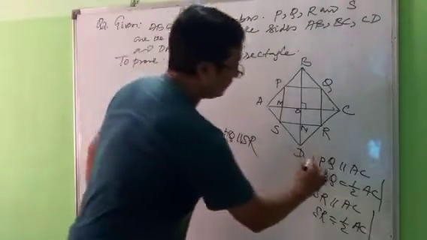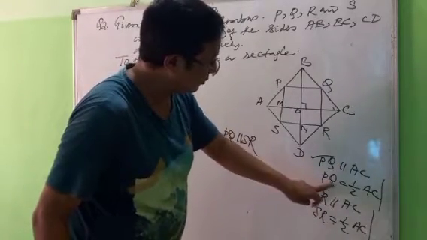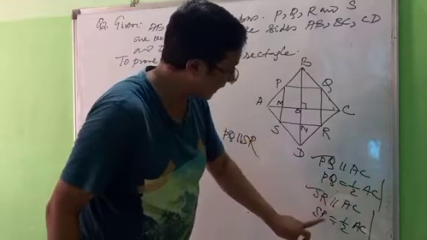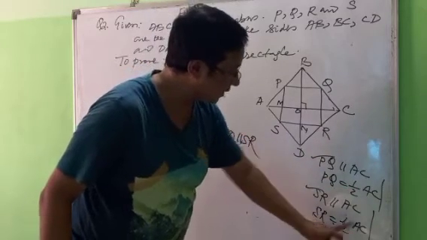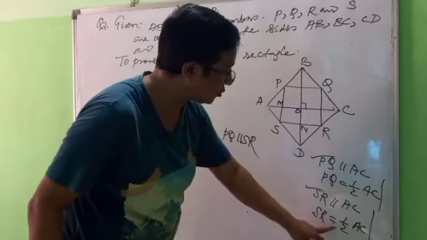So from these two, from this and this. Then from the next pair, PQ equals half of AC, SR equals half of AC. So in place of half of AC, you can write PQ. So SR equals PQ.